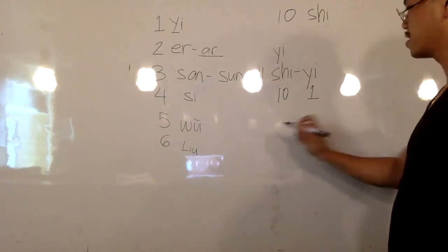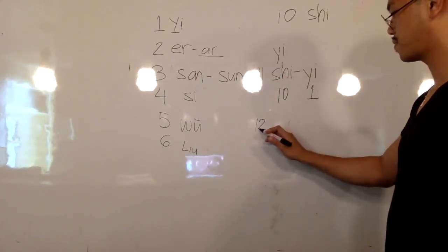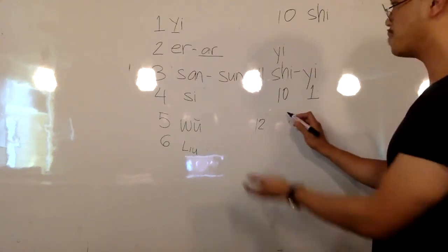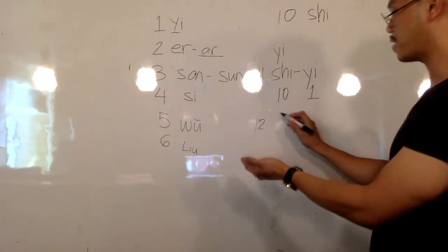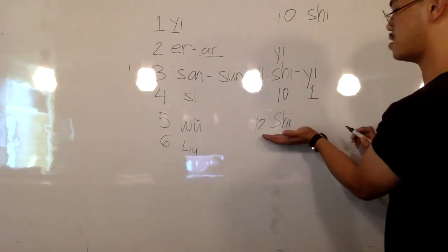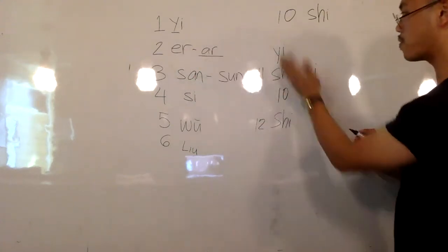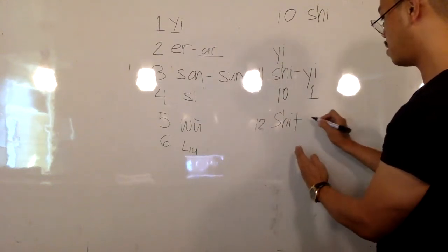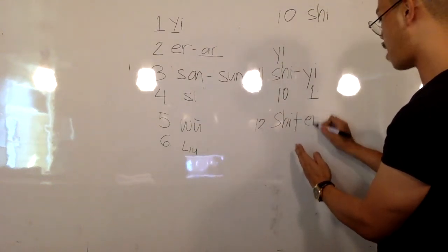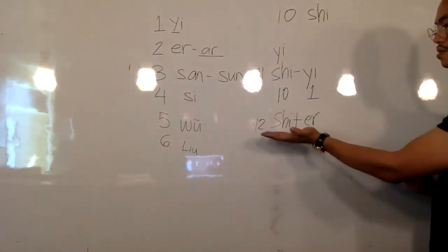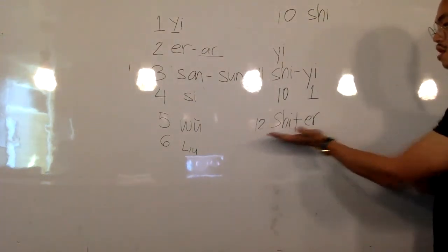How do we say 12? Can you make a guess? Correct. 12. So we write 10 plus the word er. Shi er.